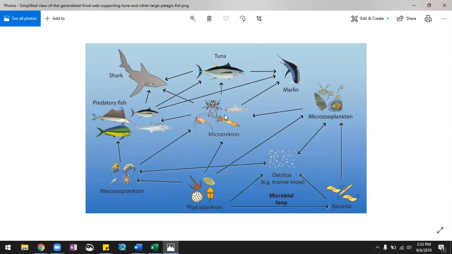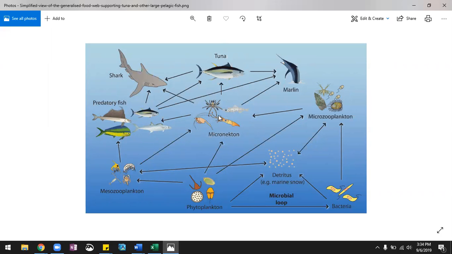And then those get consumed by these predatory fish. They also get consumed by tuna, and they also get consumed by marlin. If the marlin population dies, then the tuna fish are just stuck eating this micronekton and the predatory fish. If the predatory fish population dies because there's no zooplankton, then the tuna fish are just eating the micronekton.